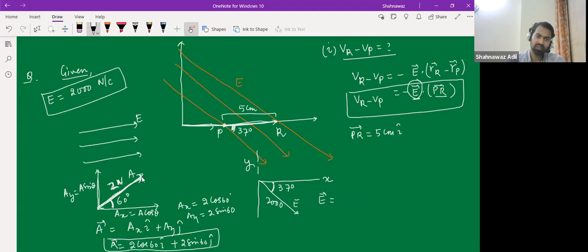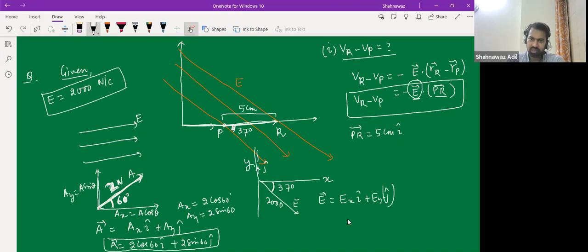If we have this magnitude and this angle with the horizontal, we have magnitude and the angle. So this would be Ex i hat plus Ey j hat. But in the case here, this is minus j. So this would be minus j.